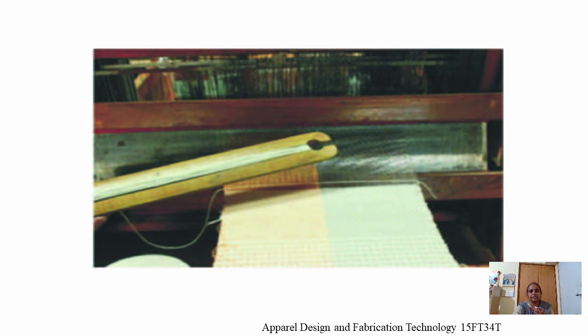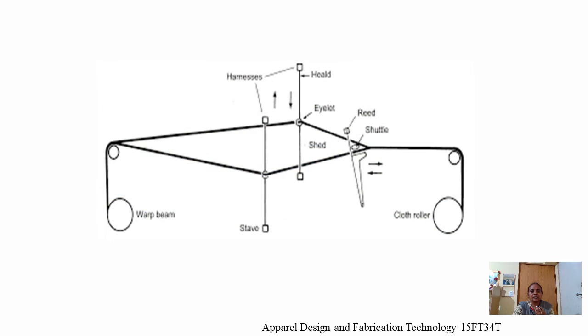See, this is the reed, a metallic comb, which pushes the inserted weft yarns towards the cloth beam. This is beating up or the battening process. See this warp beam, cloth beam, this is the stave, these are the harnesses, these are the heddles, this is the heddle which has the eye, this is the reed and the shuttle.